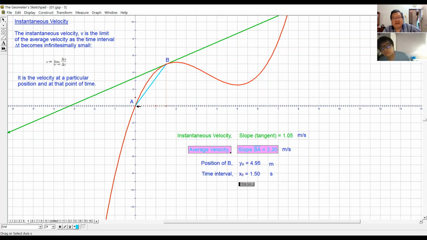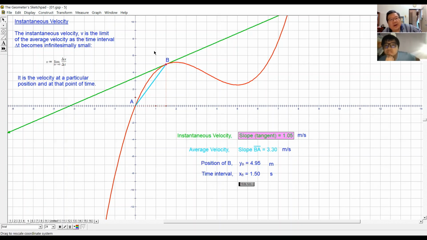Now, average velocity is over a time interval from 0 to 1.5. Then what is the instantaneous velocity? The instantaneous velocity is the gradient of this line. It is the velocity at that particular time, 1.5 seconds. At that particular time, what is the gradient of this line? 1.5 meters per second.